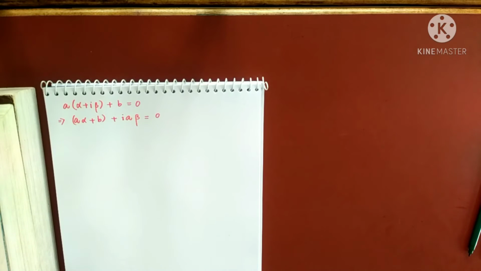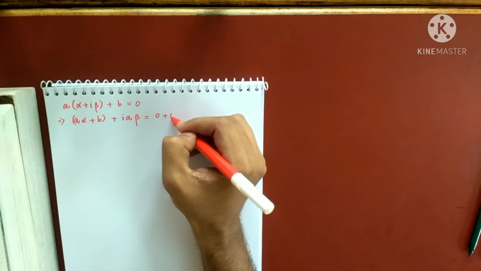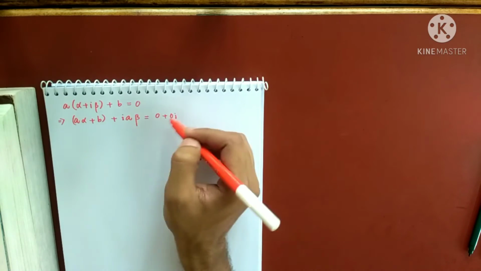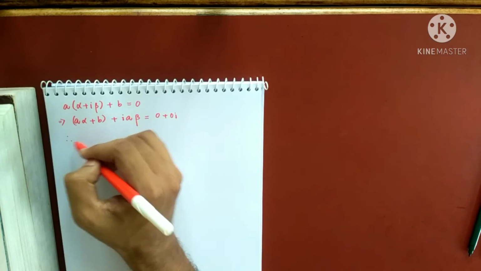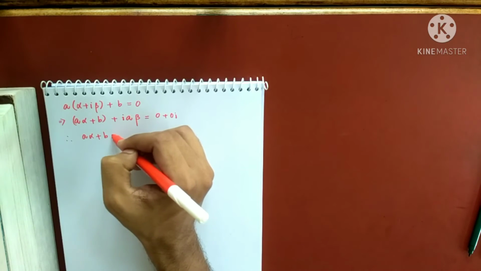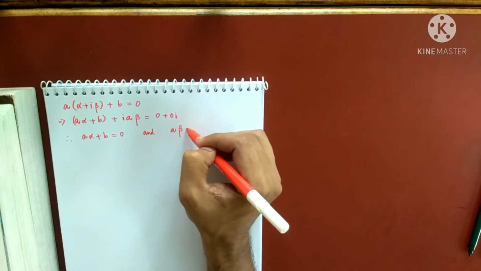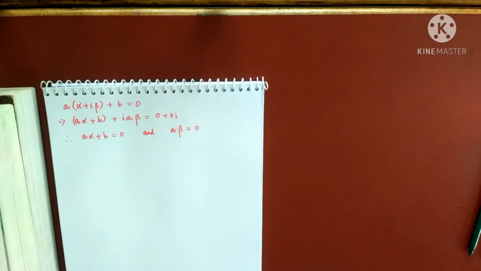The left hand side is a complex number and the right hand side is the zero complex number. So equating the real and the imaginary parts, because these two complex numbers are equal, a alpha plus b is 0 and a beta is also 0.